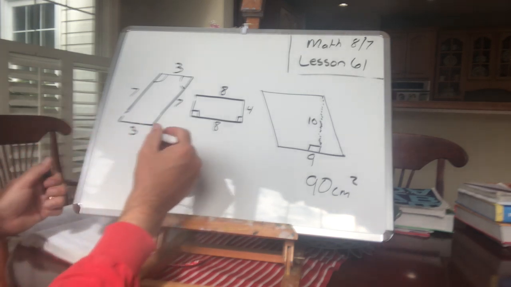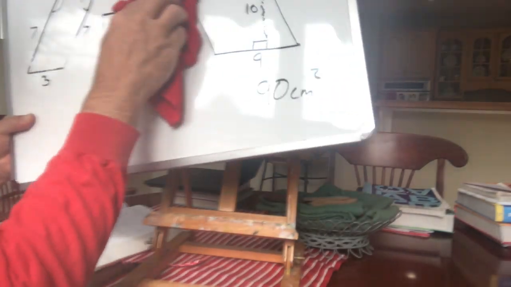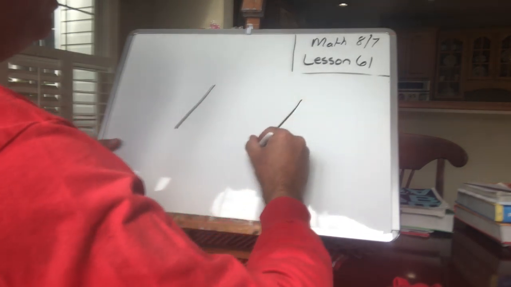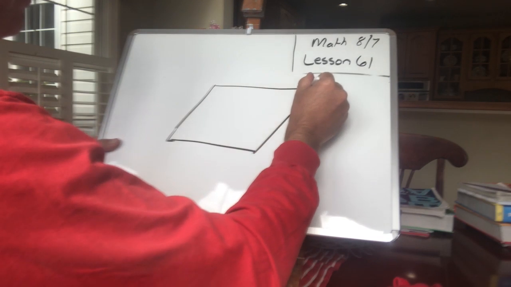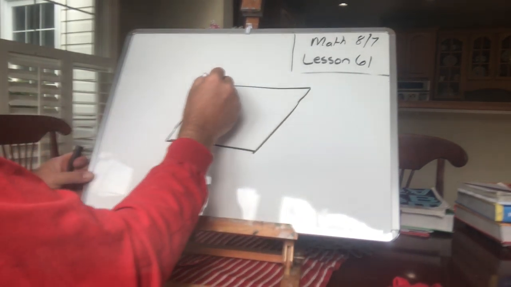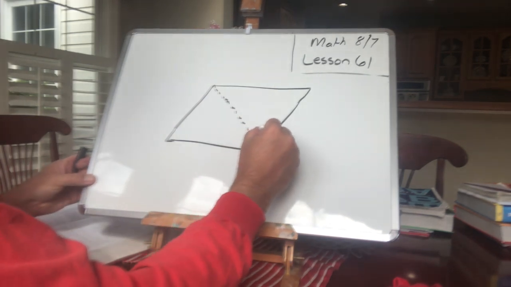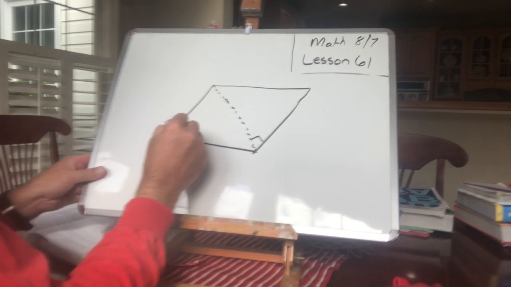They had one more figure I'm going to go over. They had a parallelogram, and they had it split in half, and they had this one equal 90 degrees, and this one over here was 60 degrees.